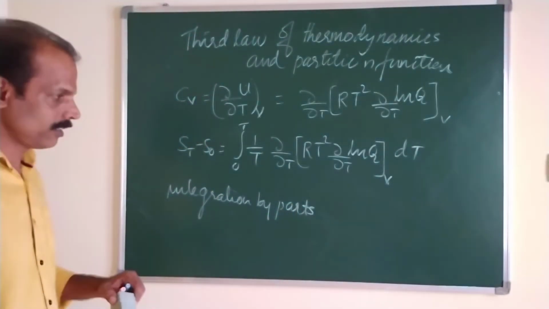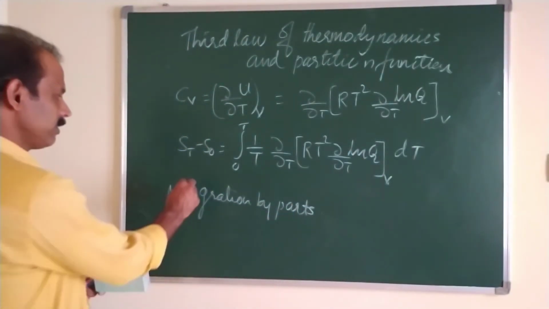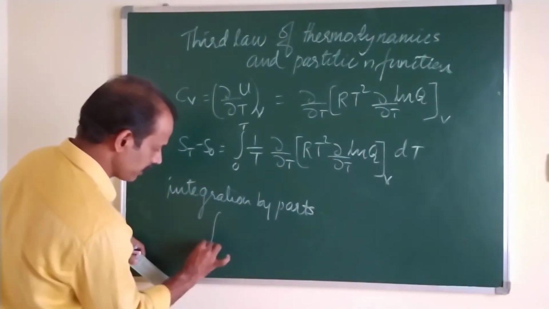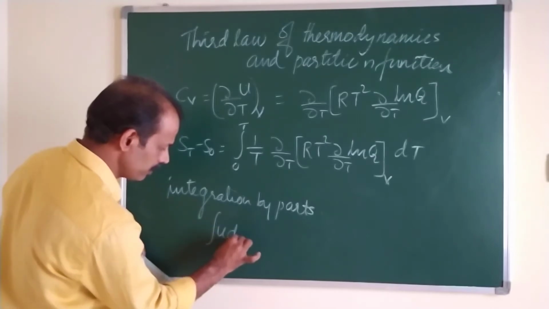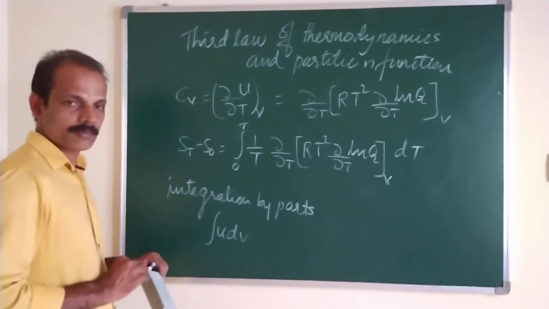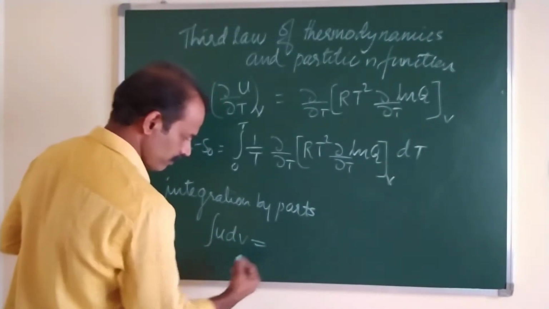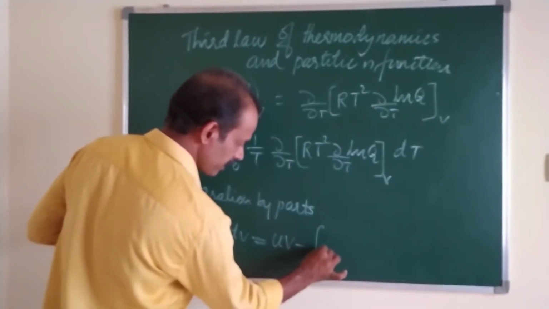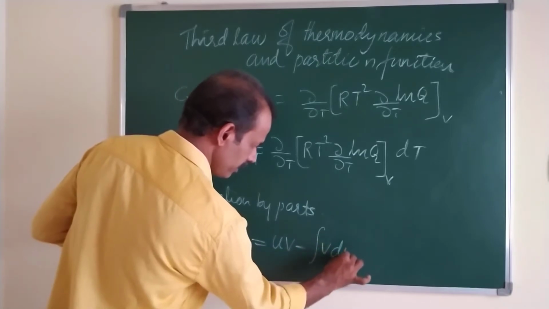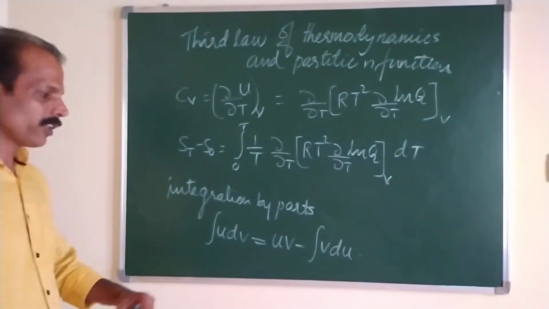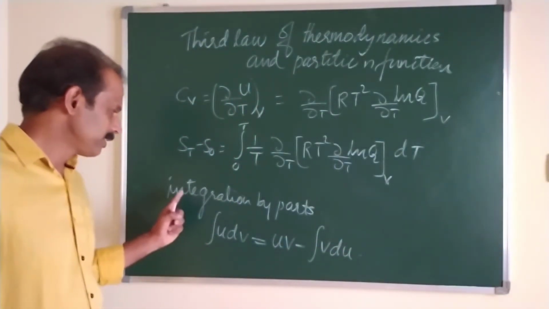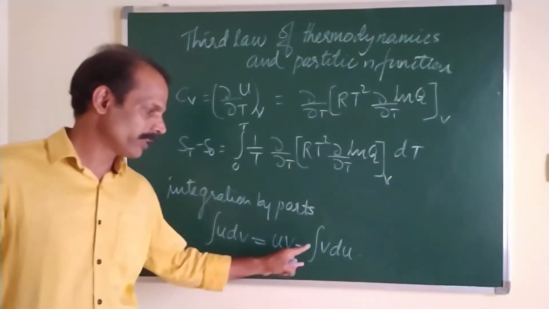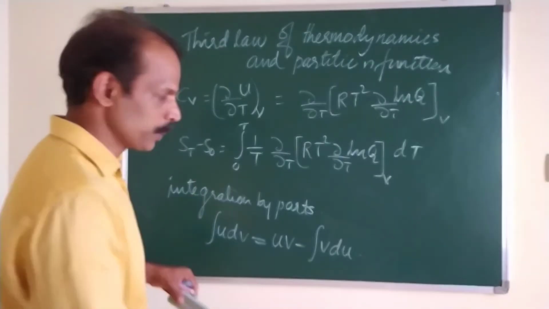The formula we are using to solve this is the integral of U dV, which is equal to U into V minus the integral of V dU. That is the formula we are using to do this integration by parts here.